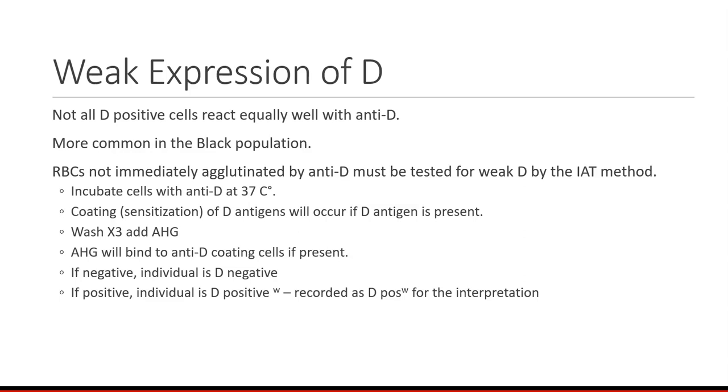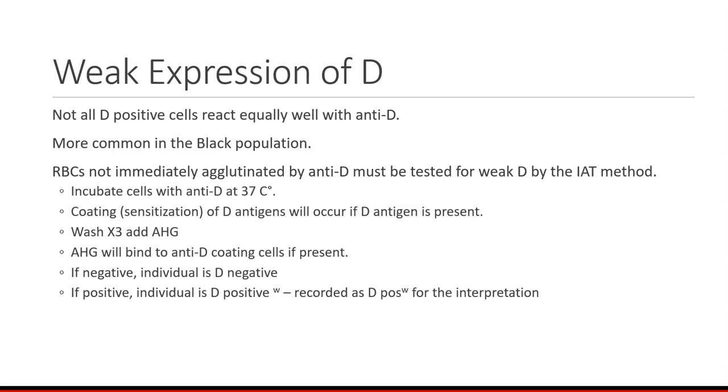Red cells that are not immediately agglutinated by anti-D must be tested for the weak D by the indirect antiglobulin test method, and you should have already done this a couple of times. What happens is when you determine that a patient on immediate spin is D negative, then you perform a weak D test. You incubate the cells with anti-D. You incubate at 37 because that's body temperature. These are IgG antibodies. That's where they like to react.